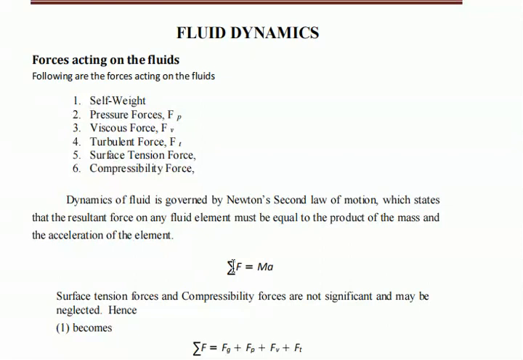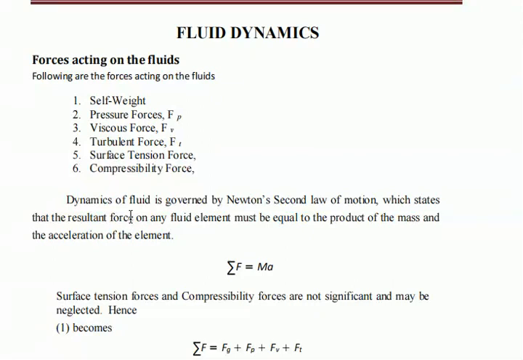That is indicated by summation of F is equal to ma. Once again, the resultant is nothing but the sum of all the forces which are acting on the fluid.